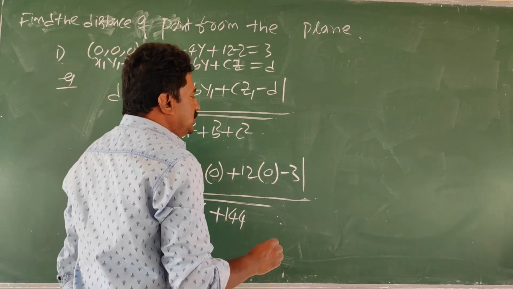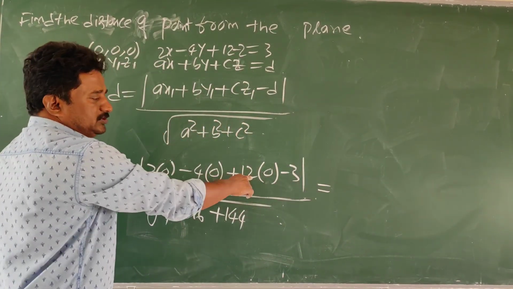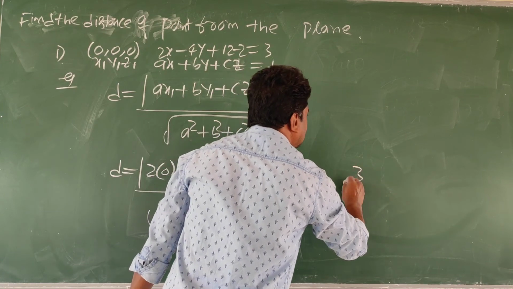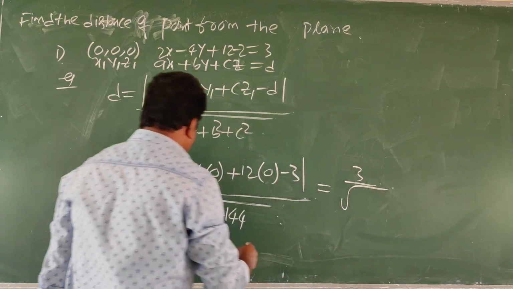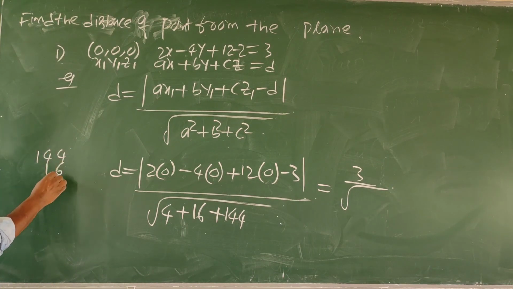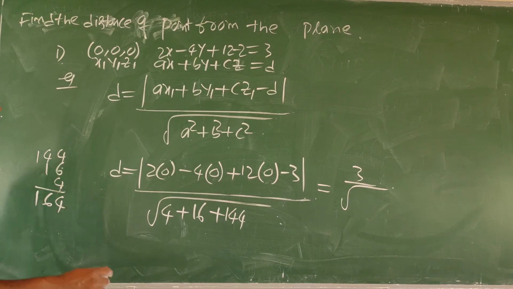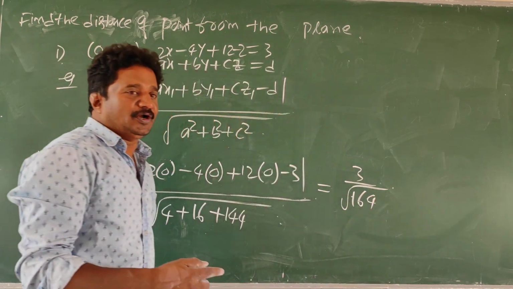So distance D is mod of minus 3, it is 3 by root of 144 plus 16 plus 4, which is 164. I hope you understood, students.